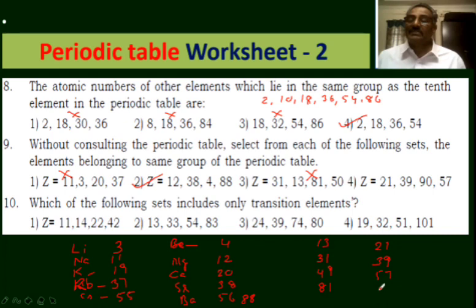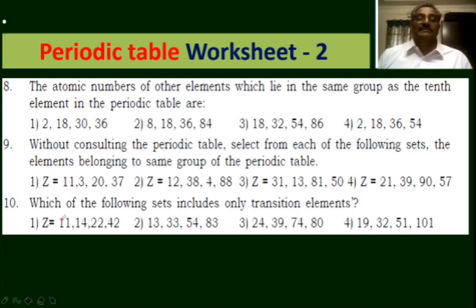If 32 is added, we get 89. These are the atomic numbers present in the group of scandium, the element with atomic number 21. Let us compare 21, 39, 57 are matching, but instead of 89, 90 is given. So this is also wrong. So the only correct option is the second option.